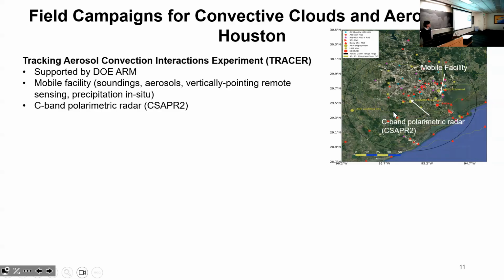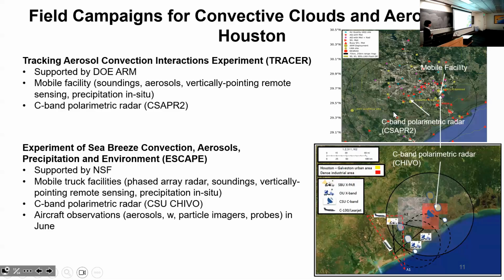This field campaign also collaborated with another field campaign, named the Experiment of Sea Breeze Convection, Aerosols, Precipitation, and Environment. We call it ESCAPE, led by Pavlos. This is supported by NSF. In this field campaign, we deployed two mobile facilities, like here, to chase the convective clouds.